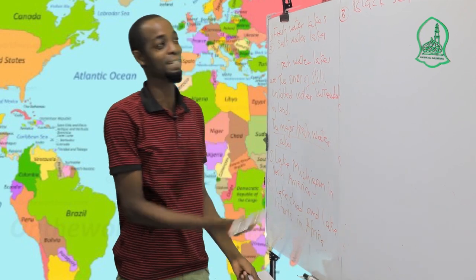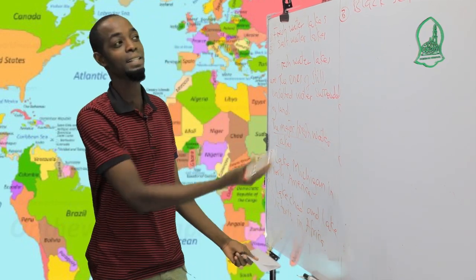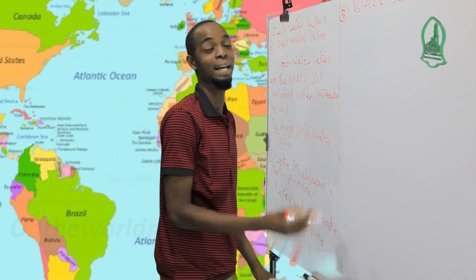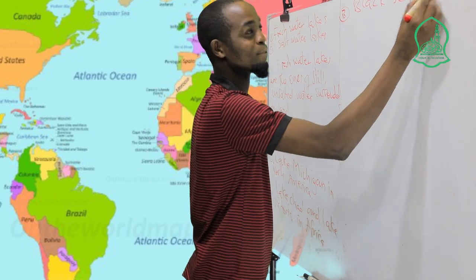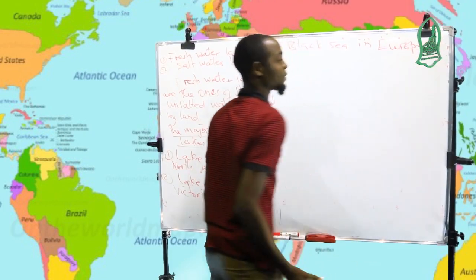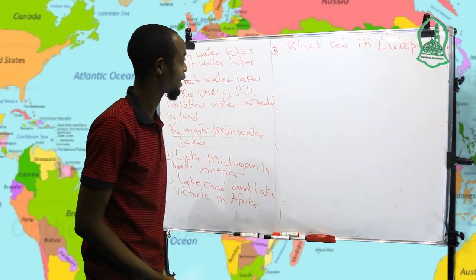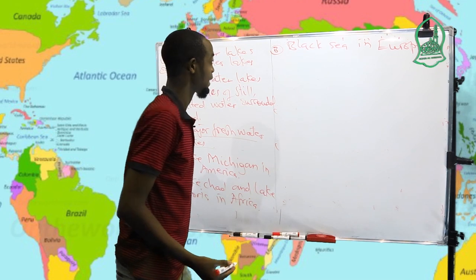You may find it strange, because we say it's fresh water, not salt water. It is just a name. The Black Sea is found in Europe. That is another example of freshwater lakes.